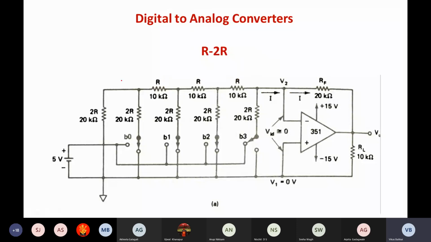So everywhere I am going to replicate the same thing over here. And again I am showing here a 4-bit digital to analog converter. So wherein I have again V0 till V3, and the output is again proportional to the binary inputs. So the binary inputs again are either +5 or 0, and the conversion methodology will remain the same.